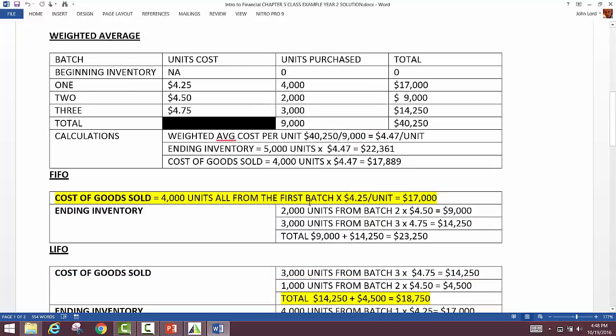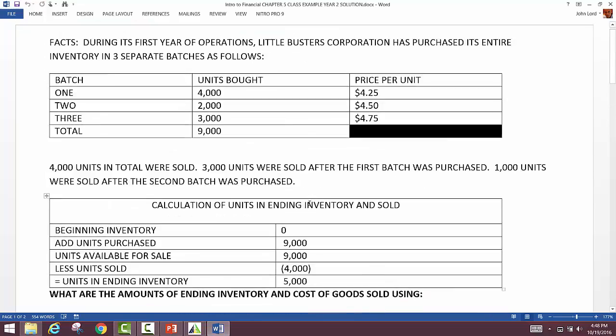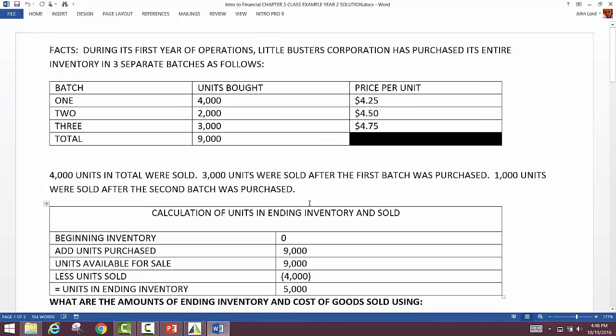Just come over to where it says FIFO. Actually, I lied. Let's read the fact pattern first. So the fact pattern is what? During its first year of operations, Little Buster's Corporation had purchased its entire inventory in 3 separate batches as follows. So they have these 3 separate batches. They bought batch 1.